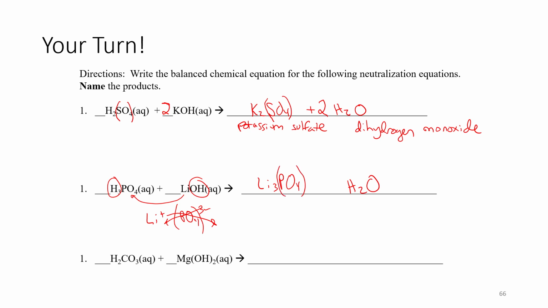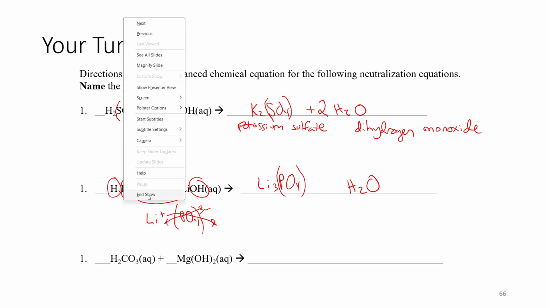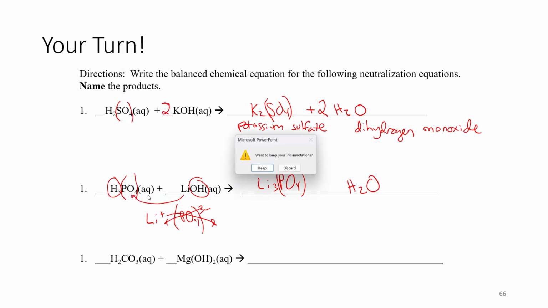So now we're going to go and balance. So on this side, we're going to skip the hydrogens and oxygens, but we are going to balance these as such. Now I am going to erase this just so we can make this more clean.